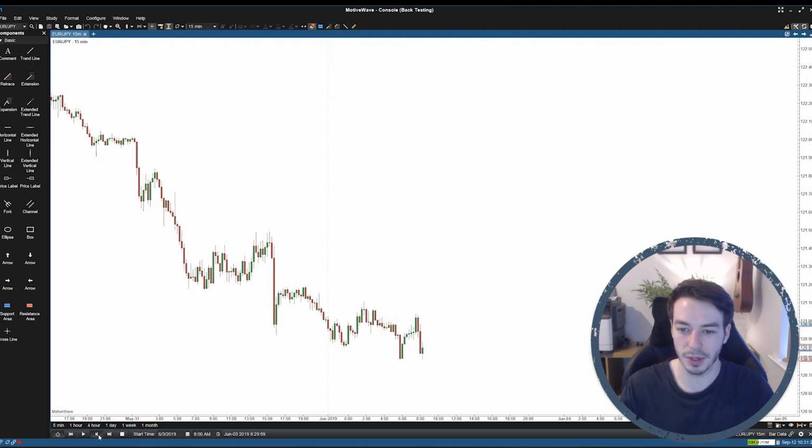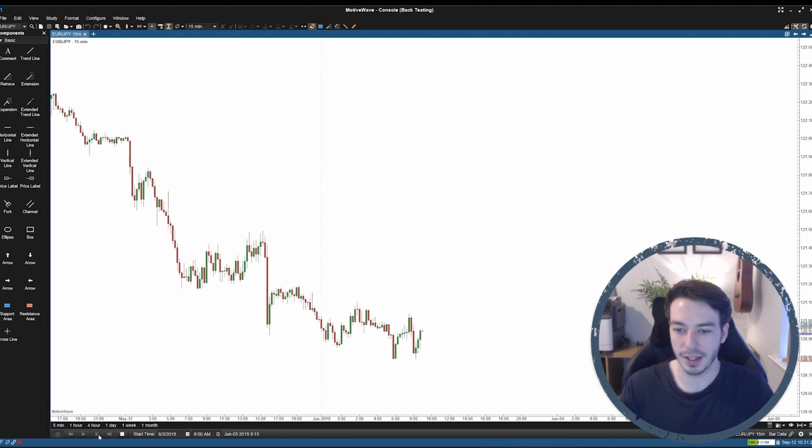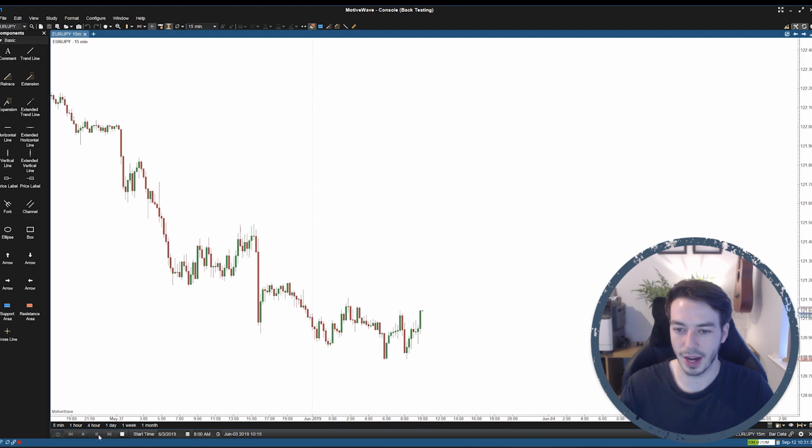I can just cycle through these candles one at a time, and if I see, say, a break of a high like I've got there, I don't have the same snazzy tool as I get in Tradingview in here, so you've got to do this a little bit more. It's a little bit more cumbersome.